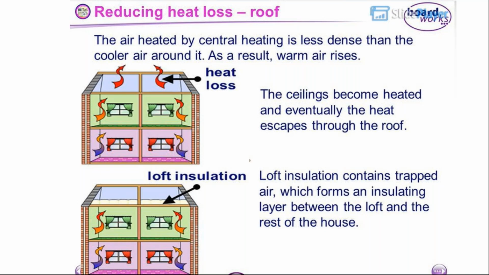If we don't prevent it with anything, our house will lose heat energy quickly, because in a convection current, warmer air gets less dense, rises up, and escapes from our house. It will take our house's heat energy.